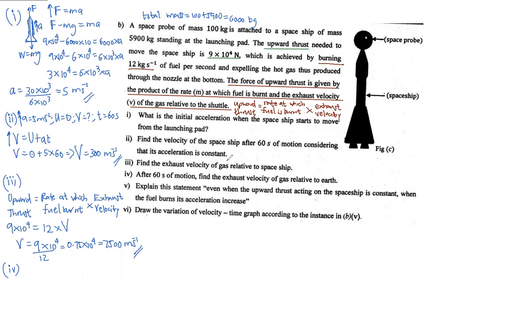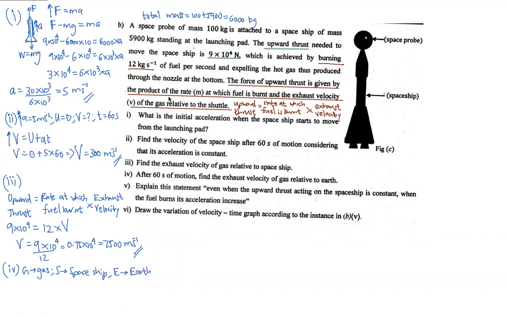Now Roman 3, what we found is this: the exhaust velocity of gas relative to spaceship. So I will use capital G for gas, S for spaceship and E for Earth. Did we do relative velocity, people, in our class?